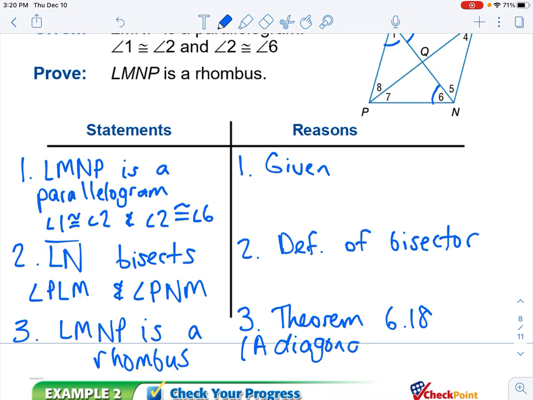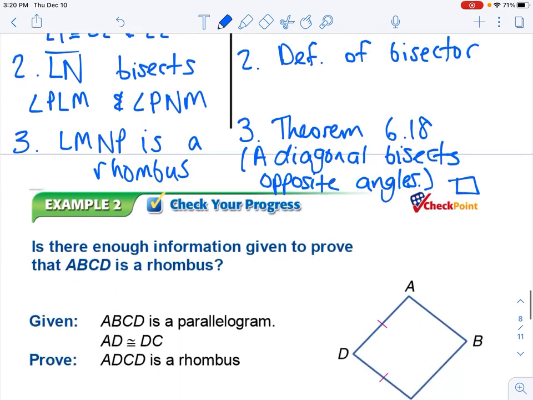So I'm going to say a diagonal bisects opposite angles. And call that good. Pretty simple proof there.